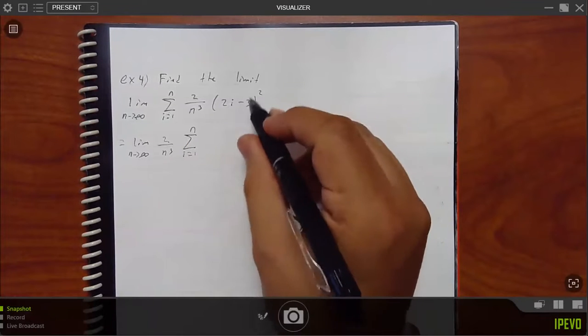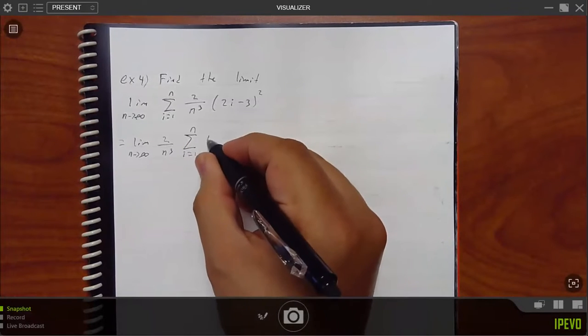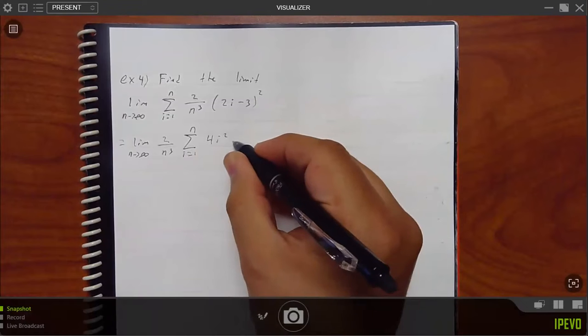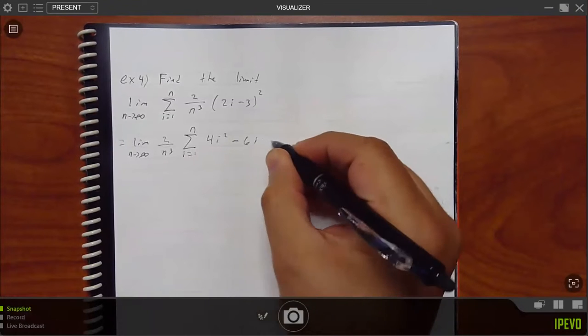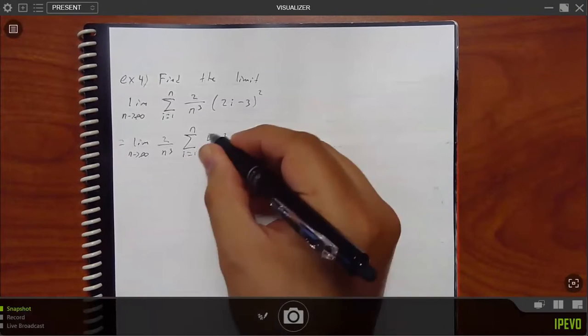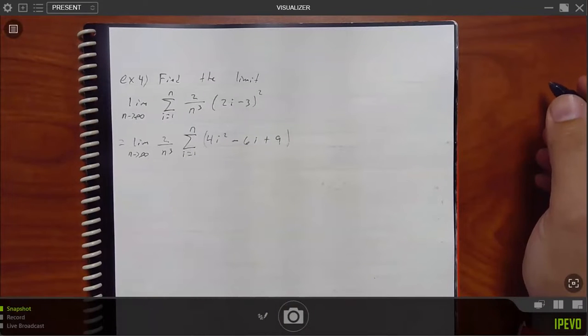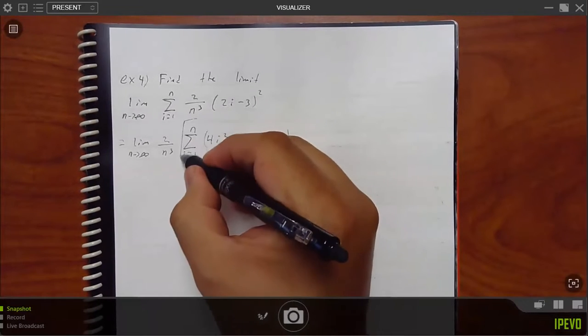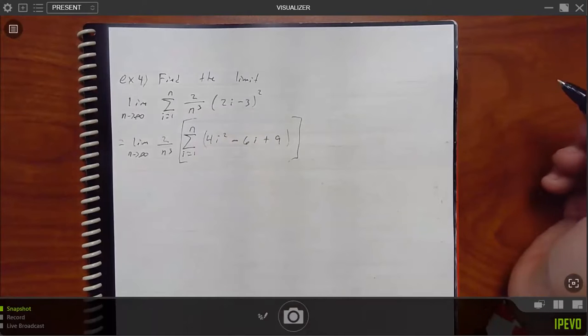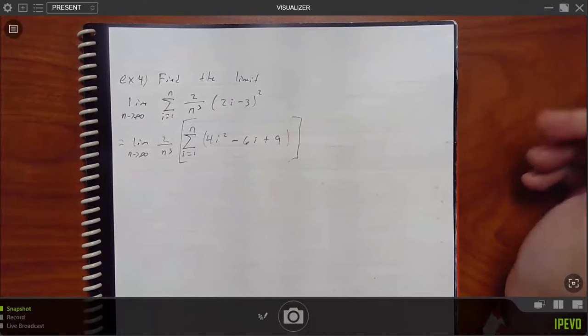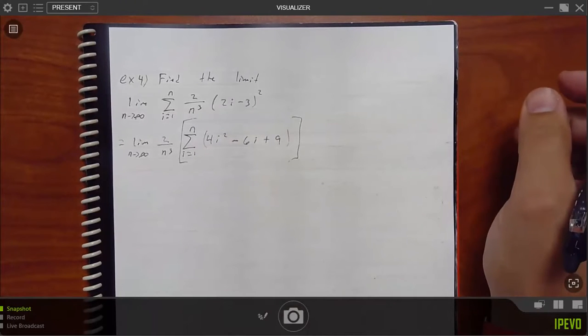Now let's FOIL this thing out. That'll give us what? 4i squared minus 12i plus 9, right?